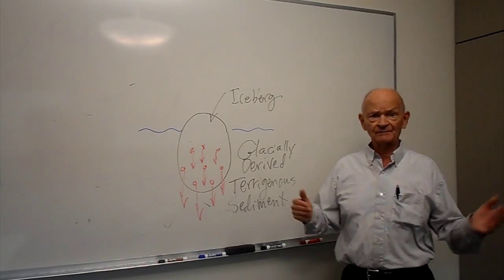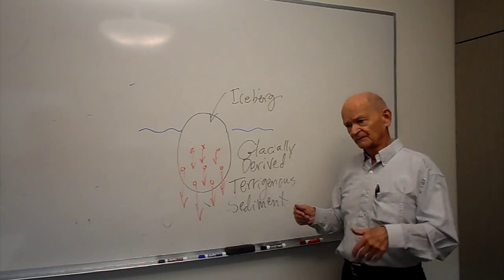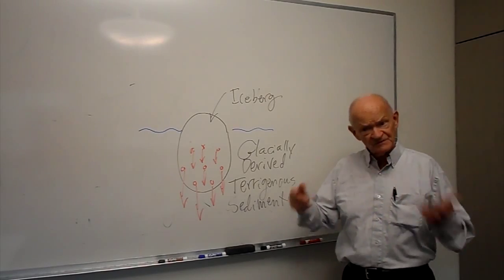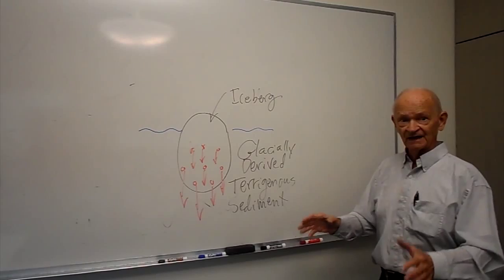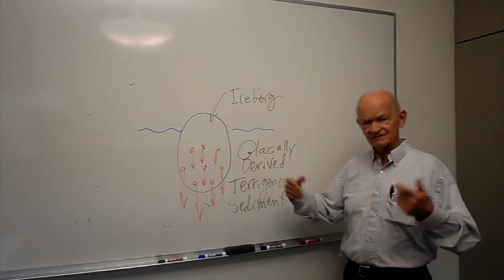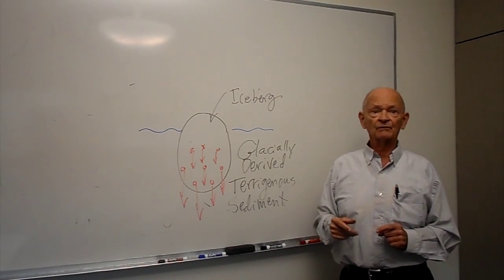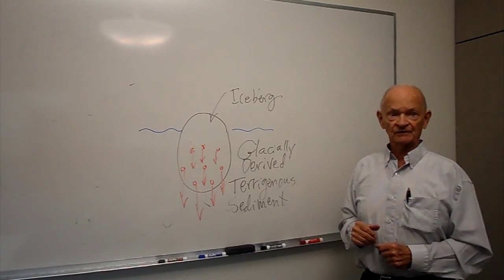However, many volcanoes, remember, are on islands in the ocean, those volcanic island arcs, or volcanoes like Hawaii. And a lot of this material then is also going to end up on the ocean floor. It comes from the land, so it is also terrigenous sediment. And again, this helps us a lot in understanding quite a bit about the history of the Earth. And we'll come back to it later on in the course.